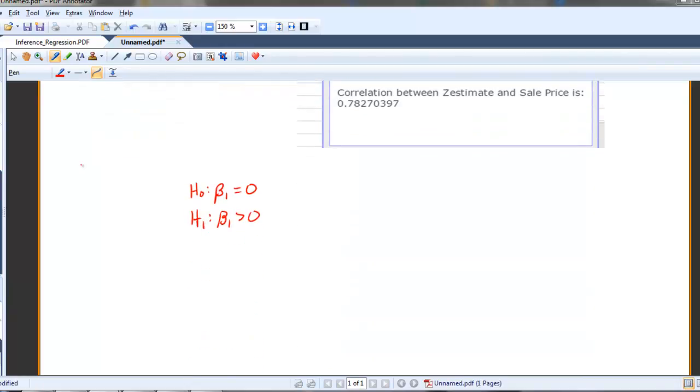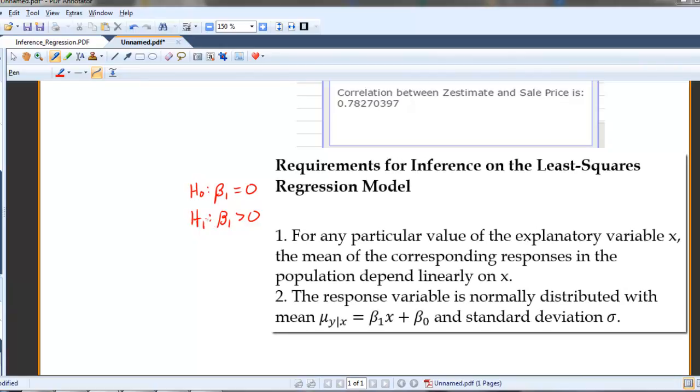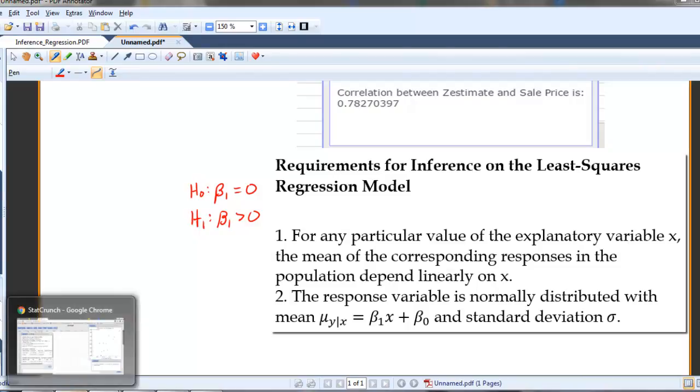Now, in order to conduct this test, we had certain requirements that had to be satisfied. We needed, first, that the residuals behaved in a way that the data actually is linear. We also needed the residuals to be approximately normal with no outliers.